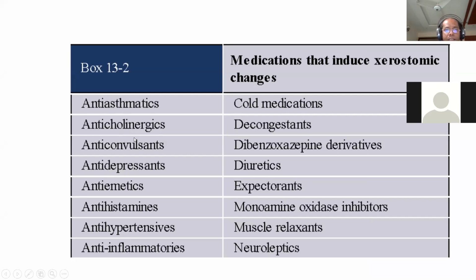Anticholinergic drugs, anticonvulsant drugs, antidepressants, antiemetics. Antiemetics are not chronic, but for a few days they can cause xerostomia. Antihistamines, anti-allergics, anti-hypertensives. So these drugs which I told you are taken for a longer time may lead to xerostomia, and mostly in older ages patients are taking medicines.